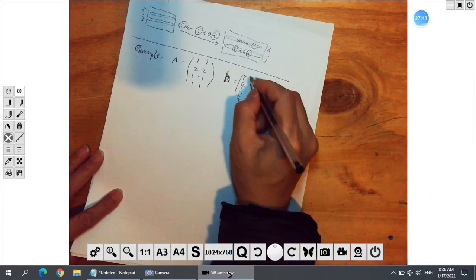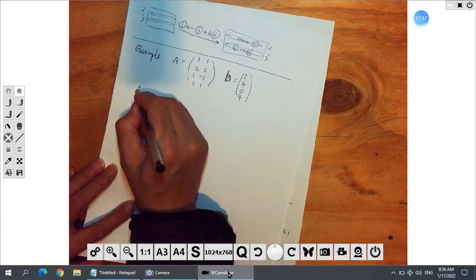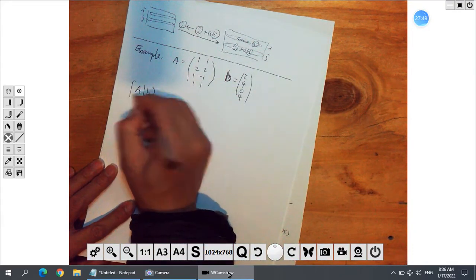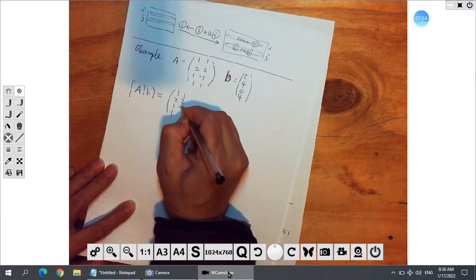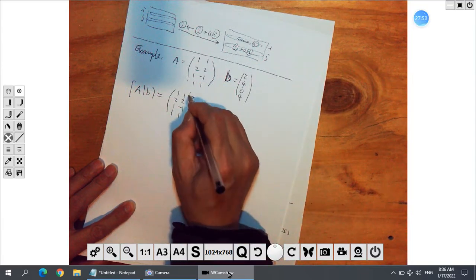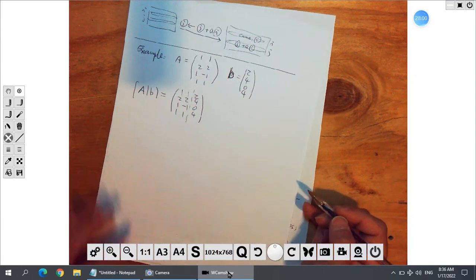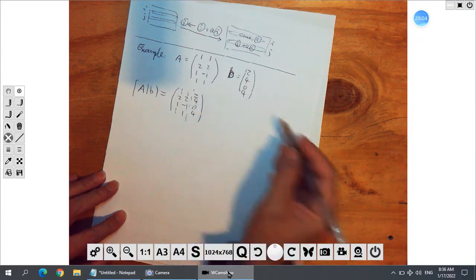We put A and b together: 1 2 1 1 1 2 negative 1 1 and 2 4 0 4. We have a larger matrix.